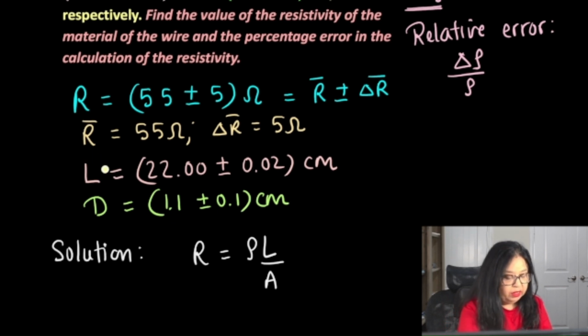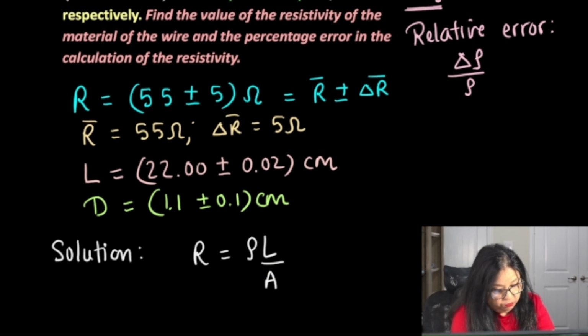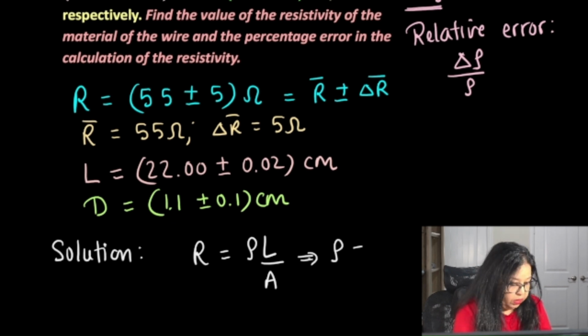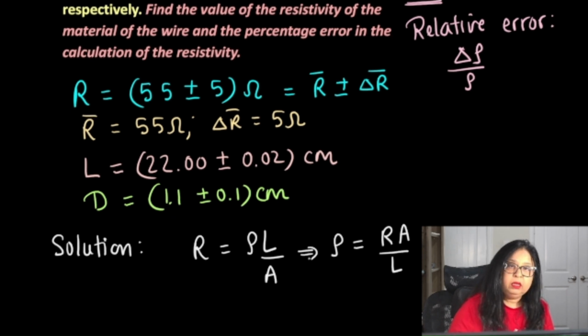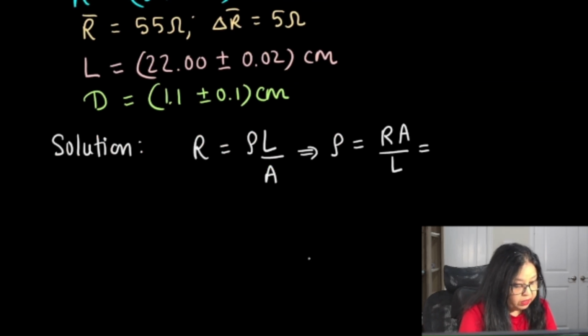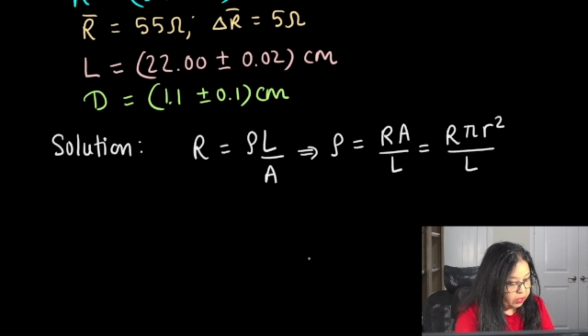This L is the length of the wire and A is the cross-sectional area of the wire. From this equation, we can solve for rho. That would become R times A divided by L. Since A is the cross-sectional area, we write this equal to pi r squared over L, where lowercase r is the radius.